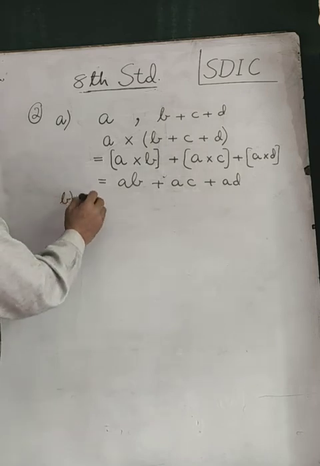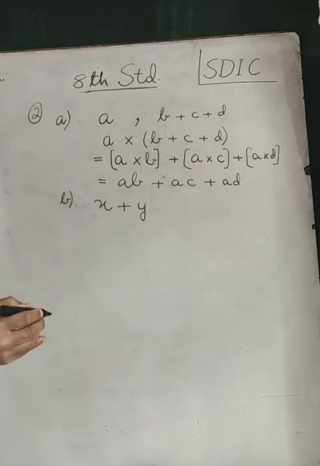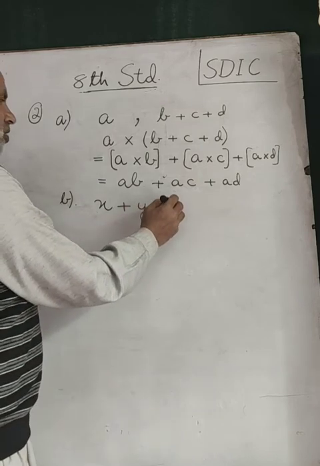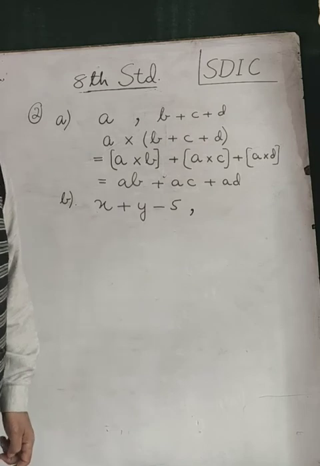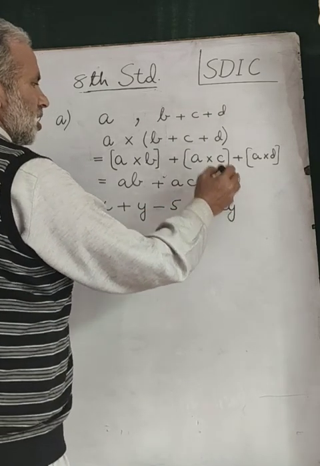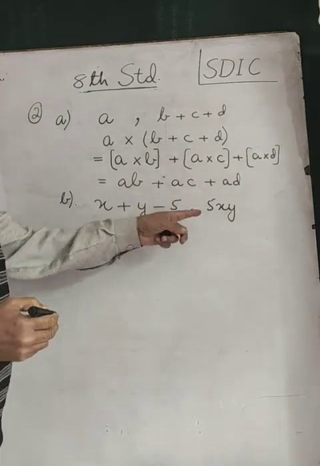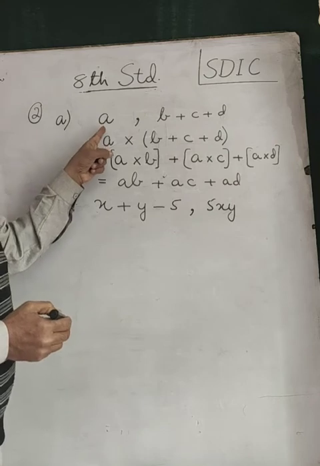Second part, first expression is the trinomial x plus y minus 5. Then we'll put comma here. And the second expression is a monomial 5xy. Here the monomial is on the right side. Therefore distributive law will be applied from right side. Previously monomial was on the left side.